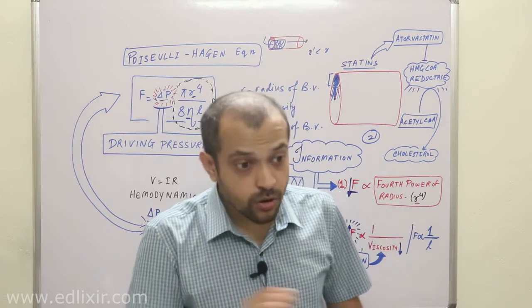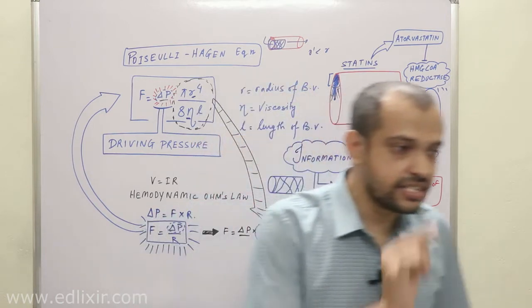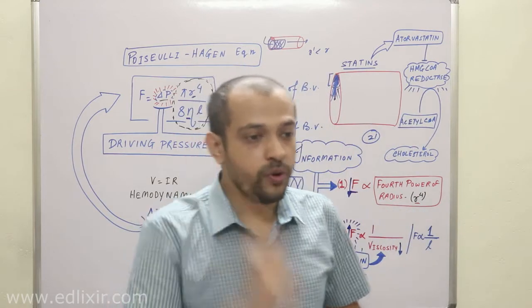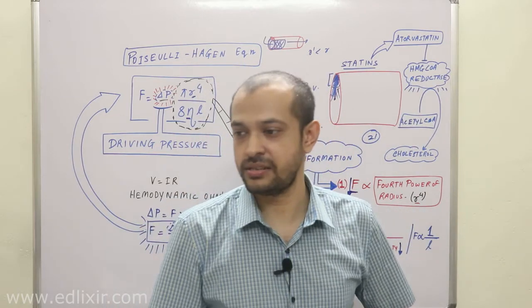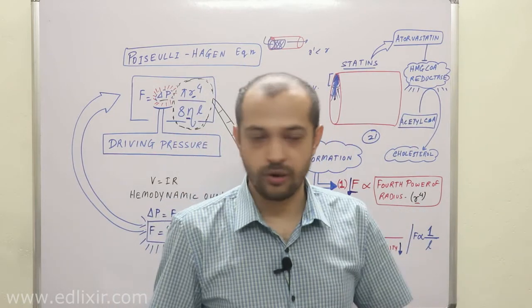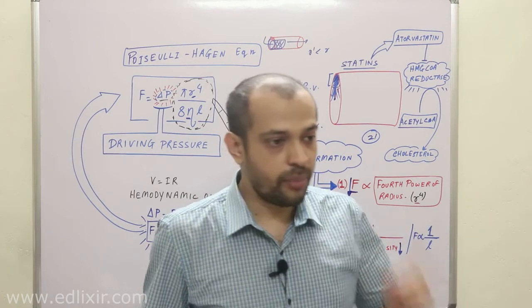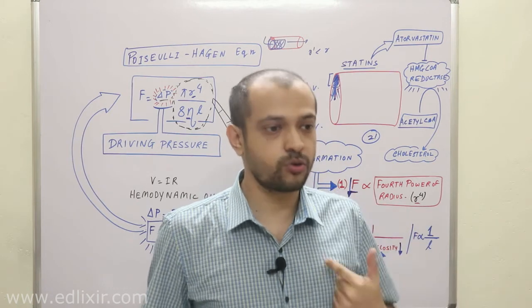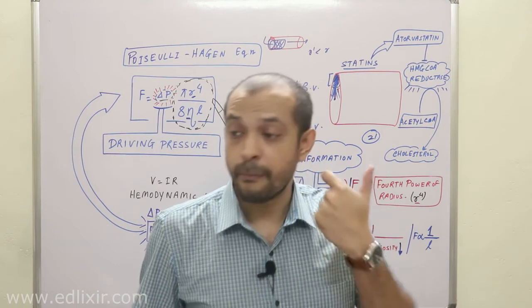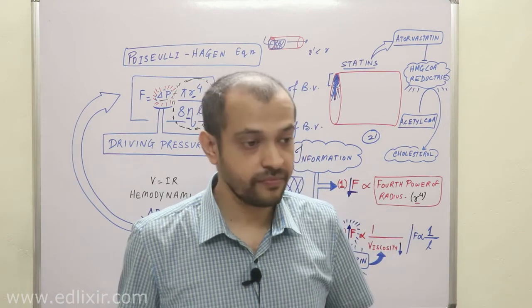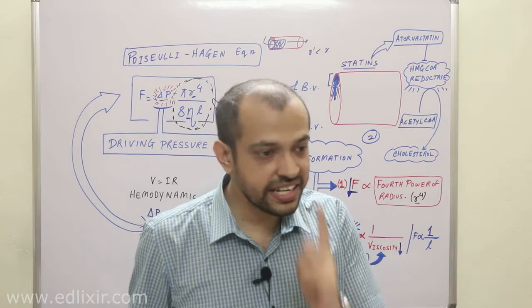But what doctors are saying is that at least this coronary artery is totally blocked, so we will have to operate on it. All other blocked arteries we can take care of. But if you have a blocked coronary artery, you will have a myocardial infarction sooner or later. That's why stenting is important.